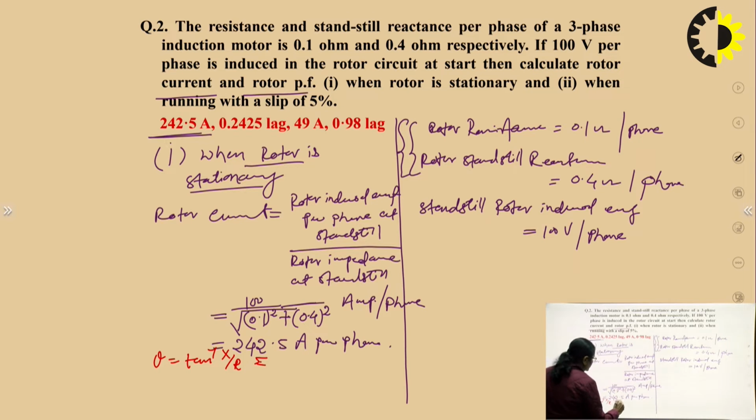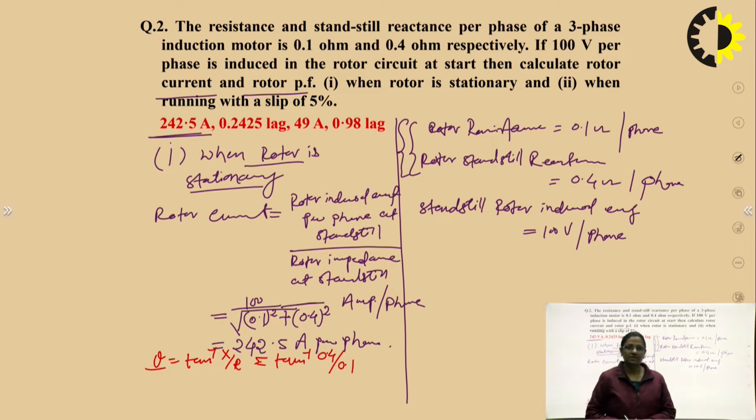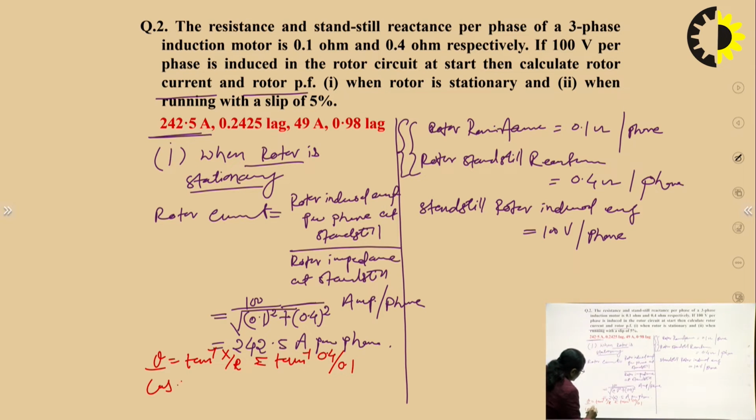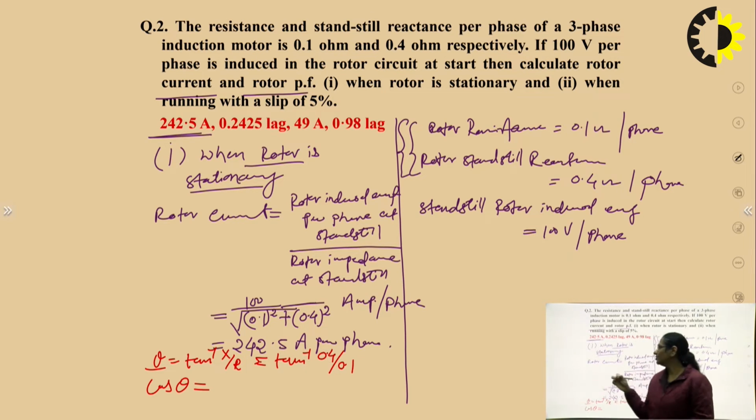So, tan inverse of 0.4 divided by 0.1 will give us the power factor angle of the rotor circuit, that is theta, and cosine of theta will give us the operating power factor of the rotor circuit at the standstill condition of the machine.